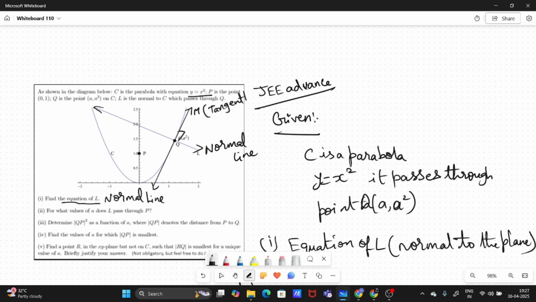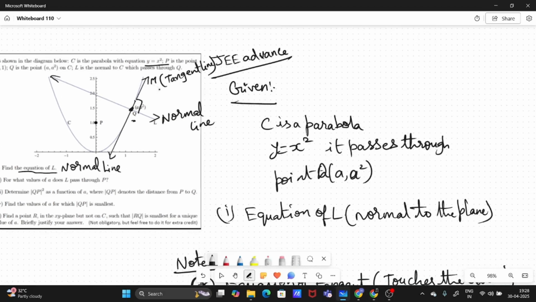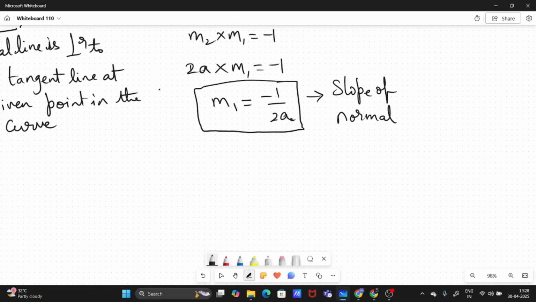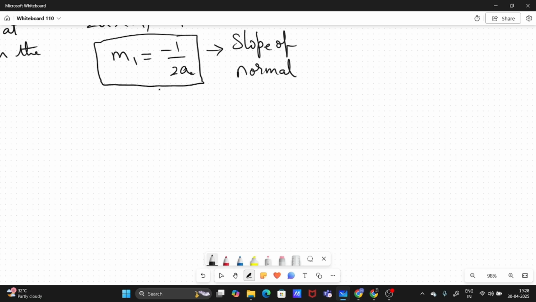The tangent touches the edge of the curve. The normal line passes through the curve at a given point. Both share the given point Q, and they should form 90 degrees. If they don't form 90 degrees, we can't say it is a normal. So my dear friends, please try to understand this one. The relationship between tangent and normal lines is very easy compared to other things, it's not too complicated.